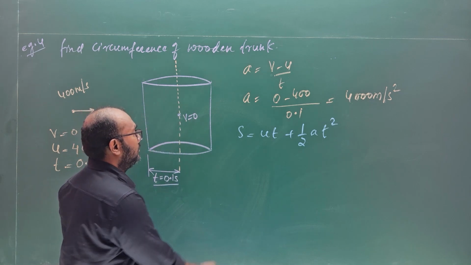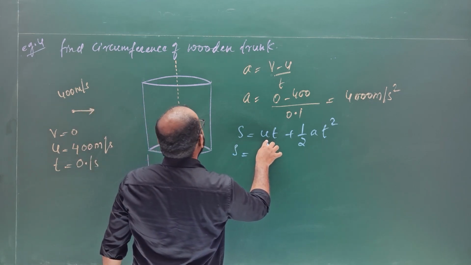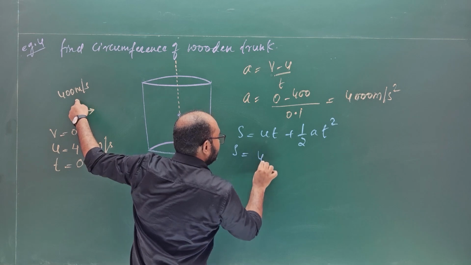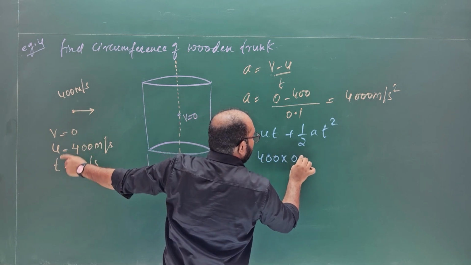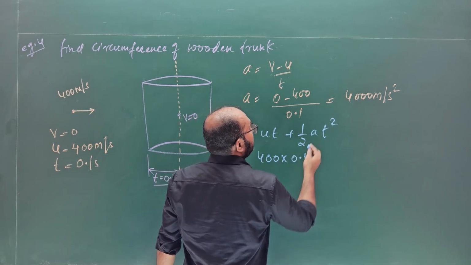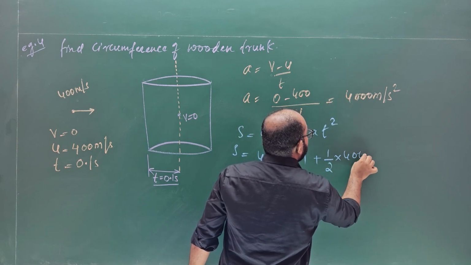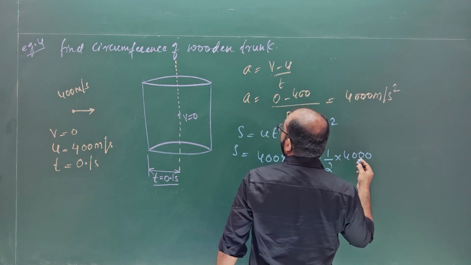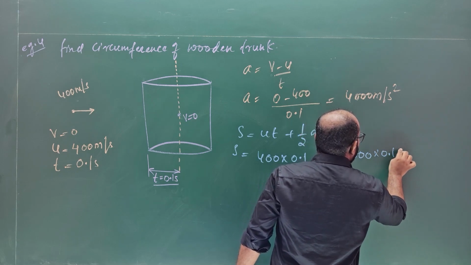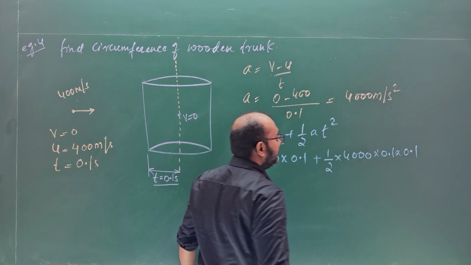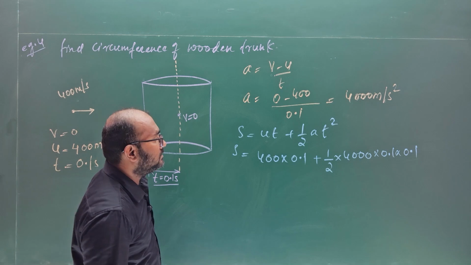Now, s is equal to u, the initial velocity, which is how much? 400 meters per second. Time period is 0.1. Acceleration, we got this, half of 4000 into time, that is 0.1 into 0.1. Now, does anything get cancelled? Yes.